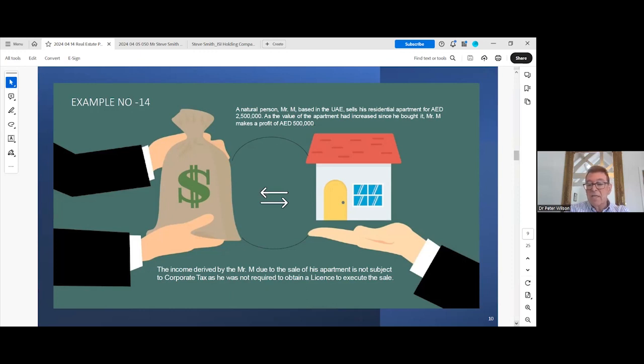But the real test here is not whether he has a license to execute the sale, but whether what he conducted is a real estate investment activity and whether it's not a business or a business activity. So one apartment making a profit can't possibly be a business or a business activity by itself, unless the gentleman had many more apartments than this one.